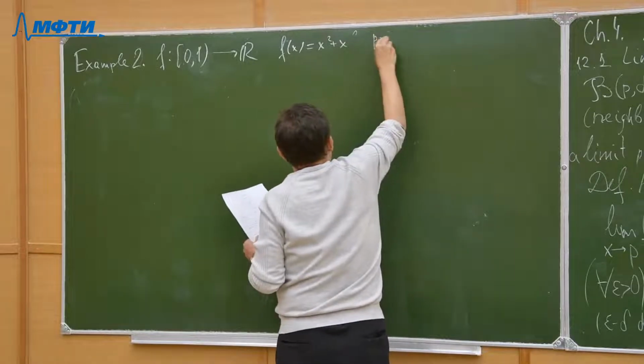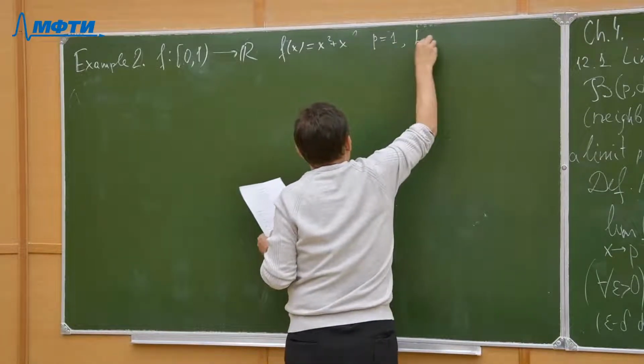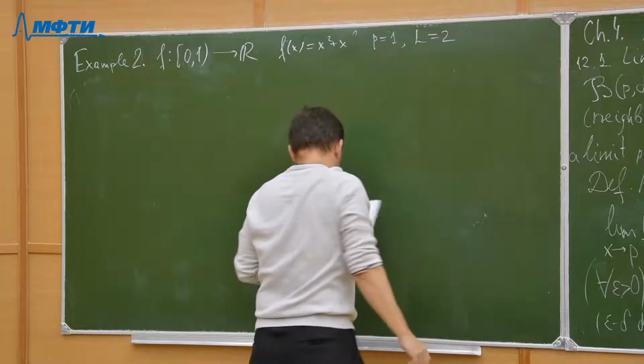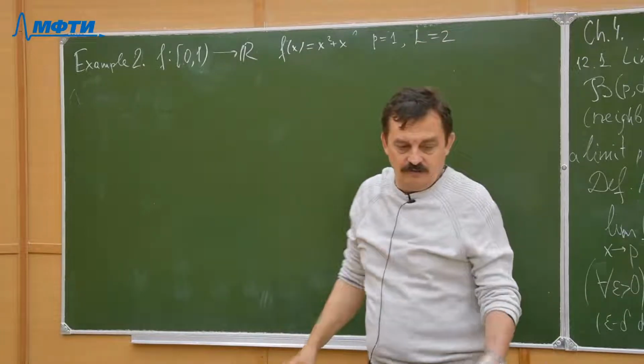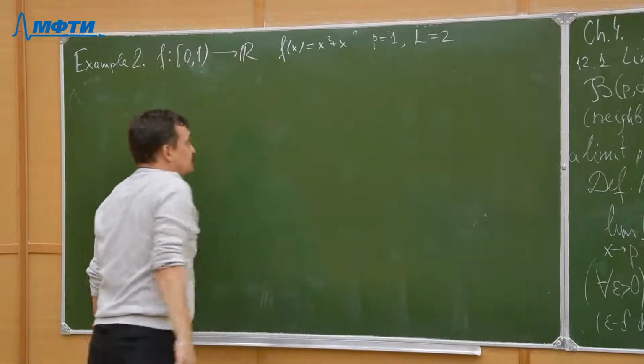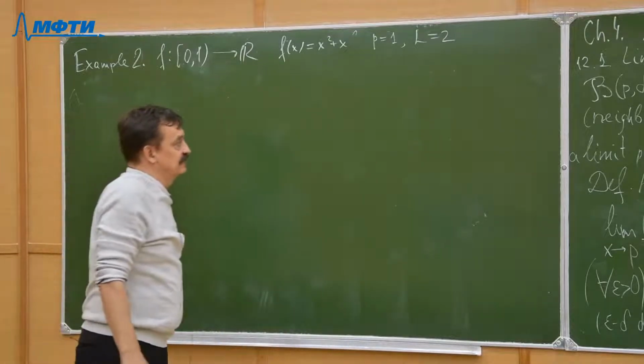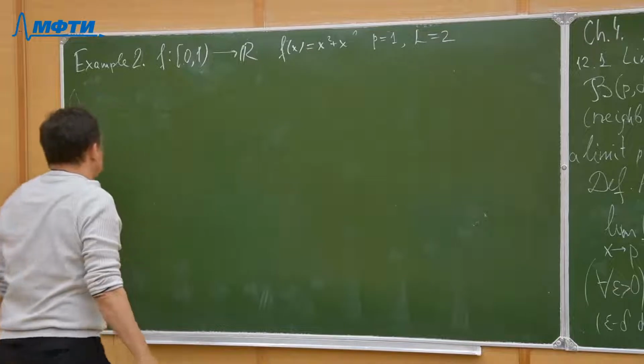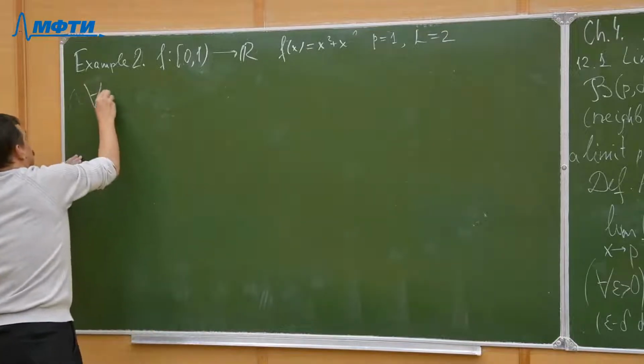So p equals 1, l equals 2. We want to prove this limit for such values of p and l. So let me write down what we want to prove.